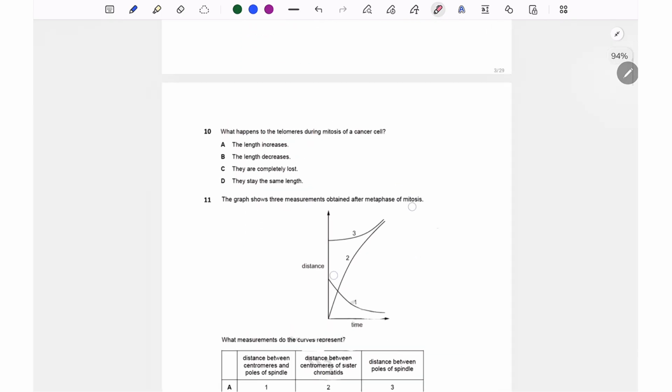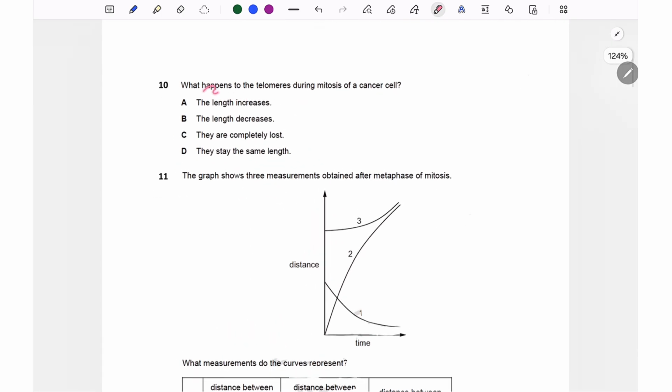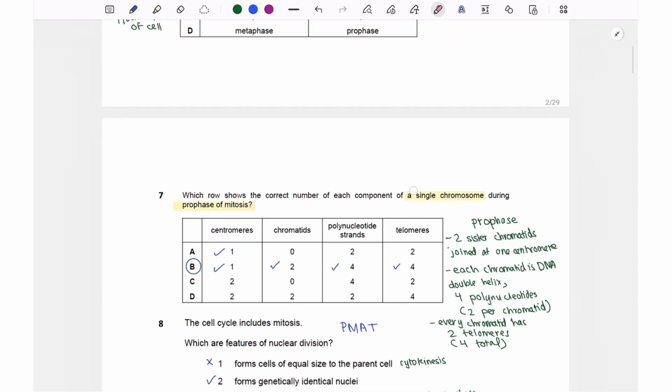On the next page, we've got the question, what happens to telomeres during mitosis of a cancer cell? So what we know is in a normal cell, it's going to lose telomere length each time that it divides. But in a cancer cell, there is an enzyme called telomerase that we learned about earlier. It was in a question here.